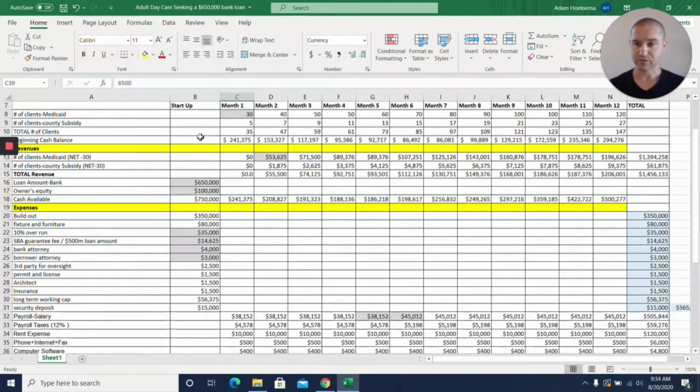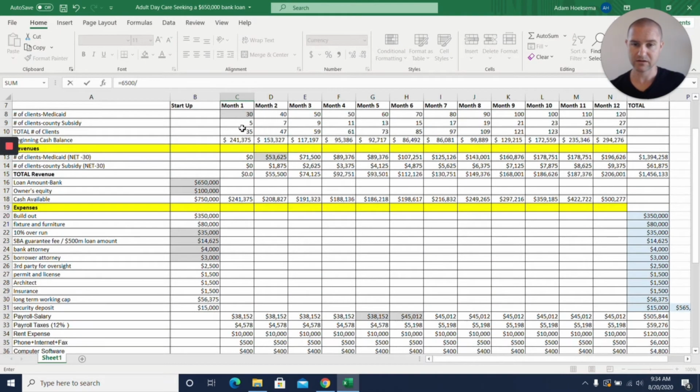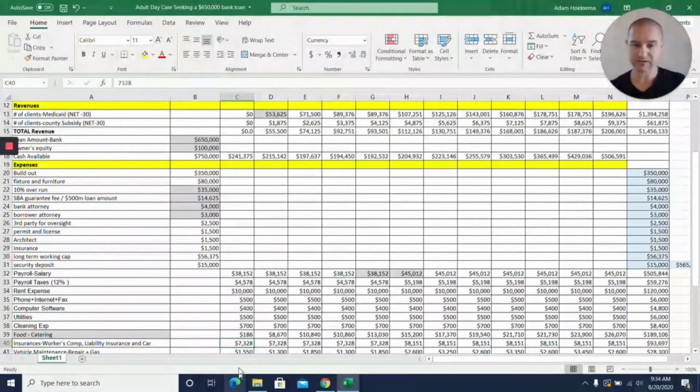So for 35 clients, so let's just say 6,500 divided by 35 clients. It's $186 per client. I'm wondering if maybe that's kind of what they did.